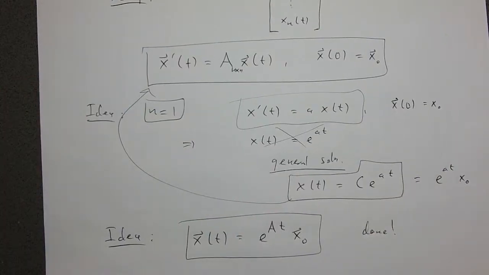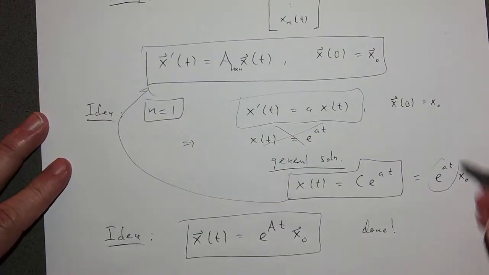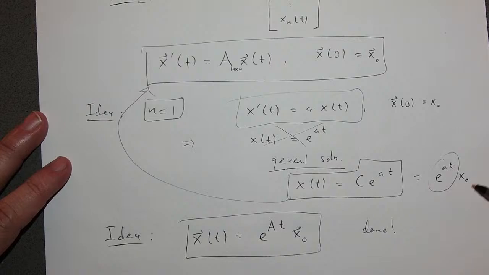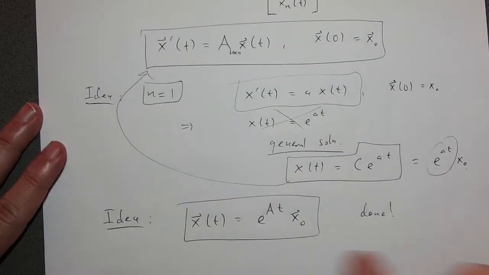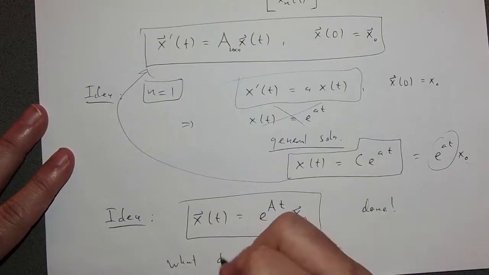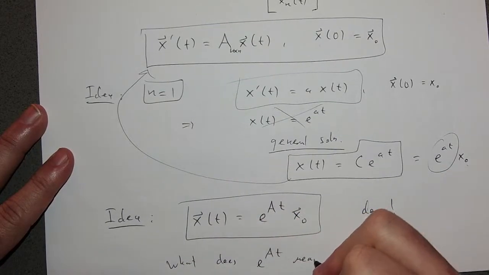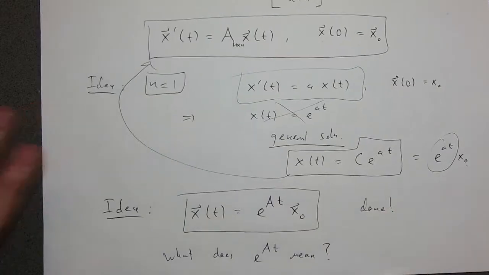There's only one problem here. There's absolutely no question what e to the At means where A is a scalar valued thing. You know what that means. And then I'm multiplying this by a vector. But what is this? Only one problem. What does that mean?